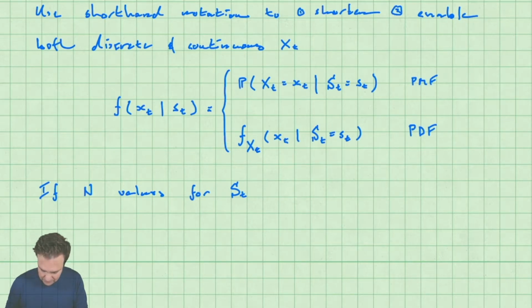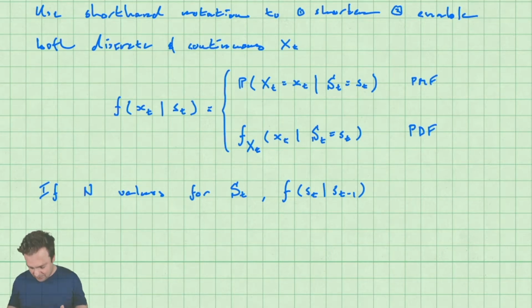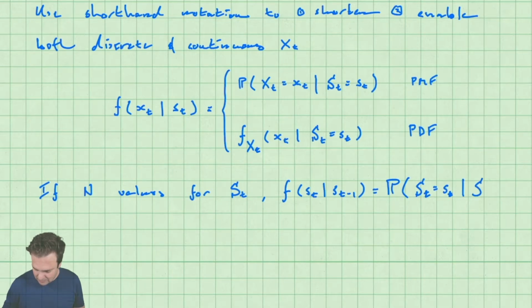Then you can use this notation: f of s sub t given s sub t minus 1. Notice there are no x's here, so this is meant to be big S sub t equal to little s sub t. Let's write it out. This is equal to the probability that big S sub t is equal to little s sub t, given that big S sub t minus 1 is equal to little s sub t minus 1. And you can see it gets long, right?